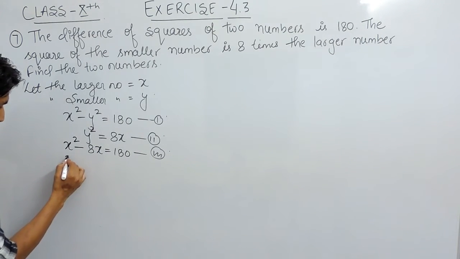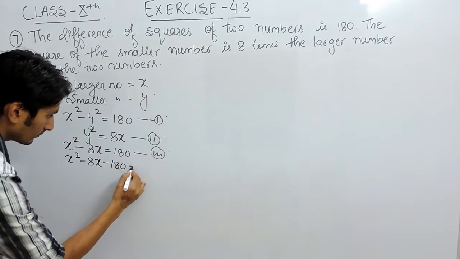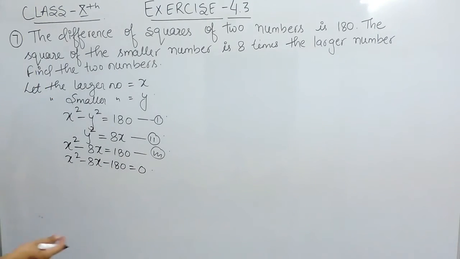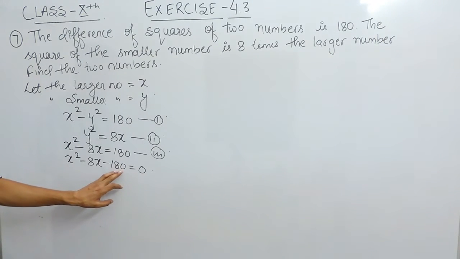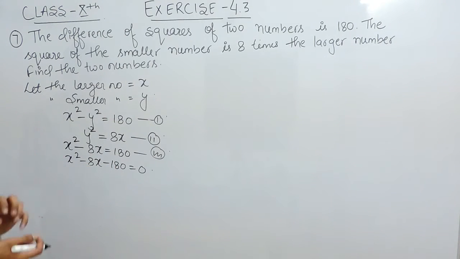Now we can shift this 180 to this side, so the equation will become x square minus 8x minus 180 equals 0. So again, this is our standard quadratic equation, and if you want to solve this, the best way is to split the middle term into two parts such that their multiplication is equal to 180 and their difference is equal to 8.